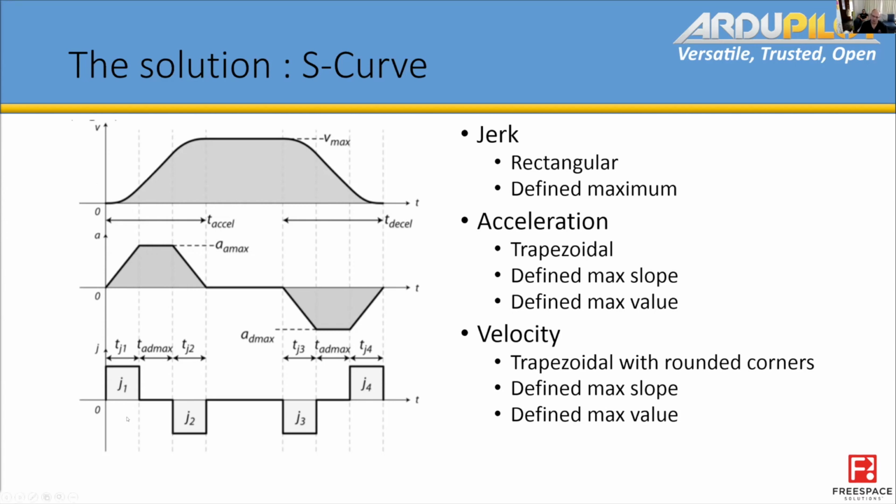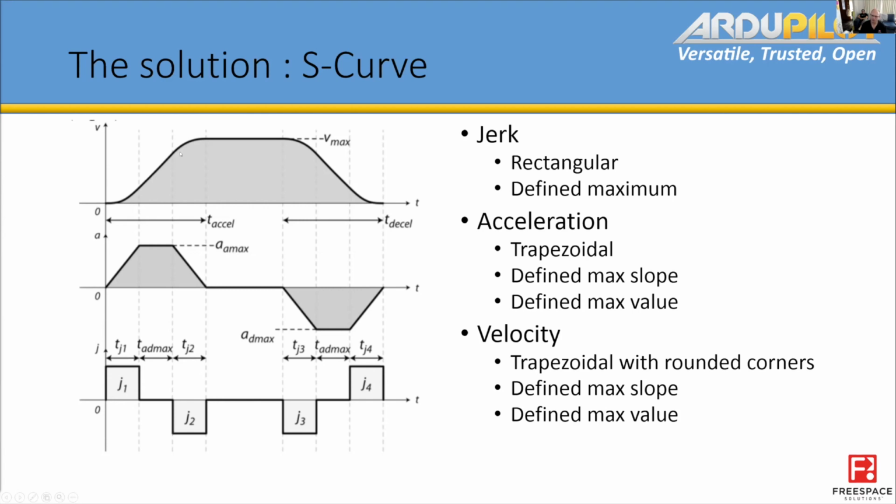Now, what you see here is a rectangular jerk profile, and that results in a limit in slope of our acceleration. If we didn't have this, we would just get a rectangular acceleration profile. But this limit in jerk means that you've limited the rate of change of acceleration up until you reach a maximum acceleration, and then you decrease your acceleration down here.